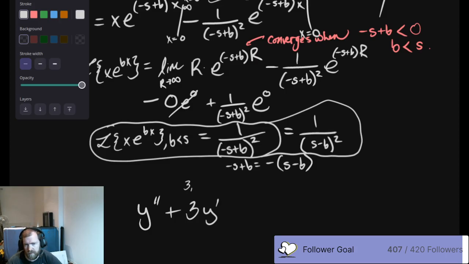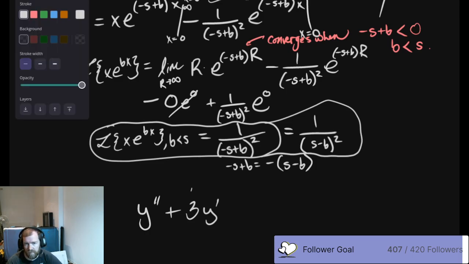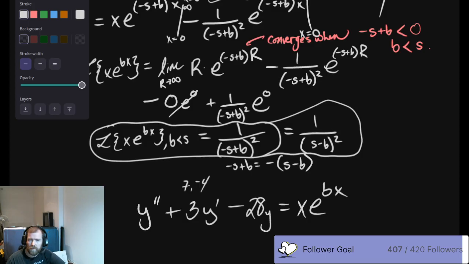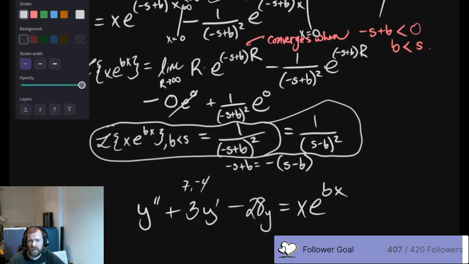We'll make this 7 and minus 4 to get positive 3. So multiply those together, we get a negative 28y is equal to x e to the bx. There we go. Okay. So I did this intentionally just to make an easier problem on the left. This is actually not too bad.